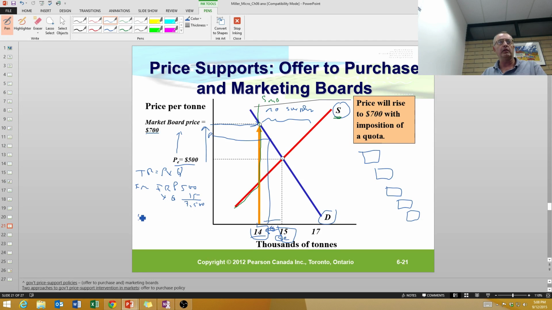And with the marketing boards, total revenue is a price of 700 and a quantity of 14, and that equals a producer revenue of 9,800, or 9.8 million, but anyways, 9,800.